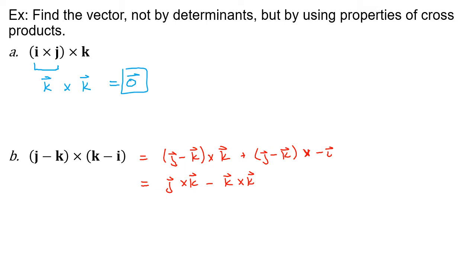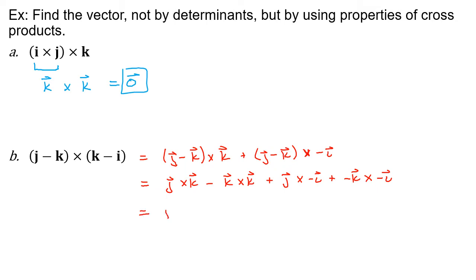Then we'll have a j crossed with a negative i, and then we'll have a negative k crossed with a negative i. So we're basically just distributing all that stuff out. All those negatives don't really matter because that's just treated as a number, so you can factor those numbers out.